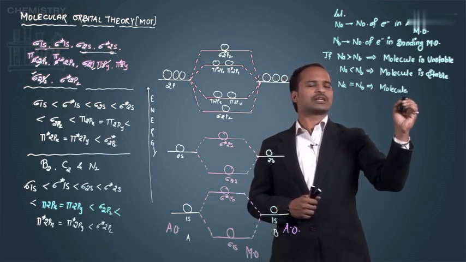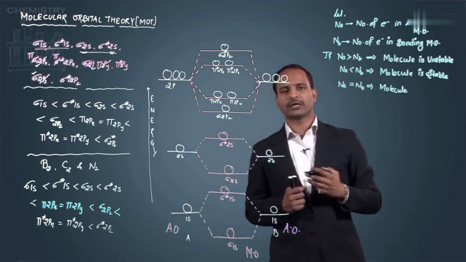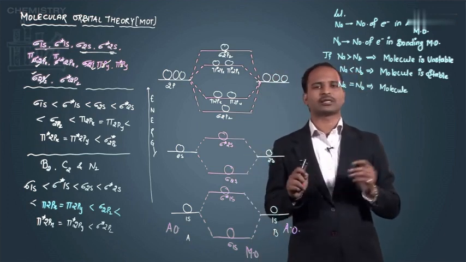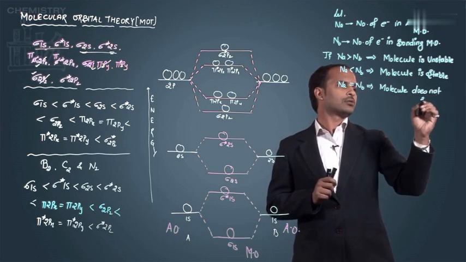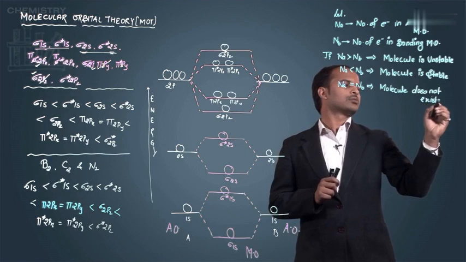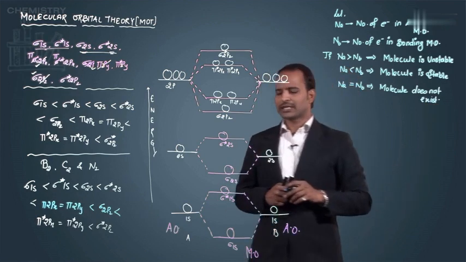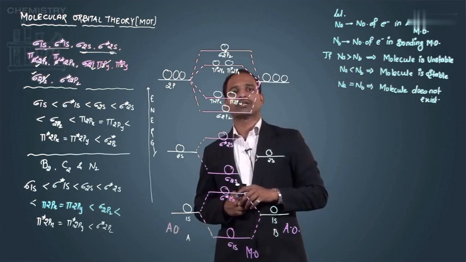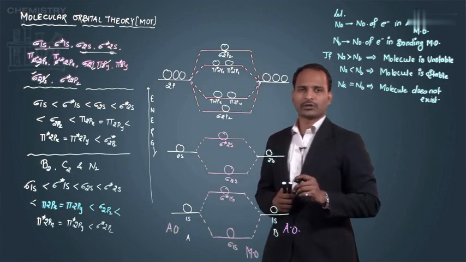Suppose a question is asked on any molecule where Na and Nb are equal, then that molecule does not exist. If Na is greater than Nb, the number of electrons in the anti-bonding molecular orbital is more than in the bonding molecular orbital.